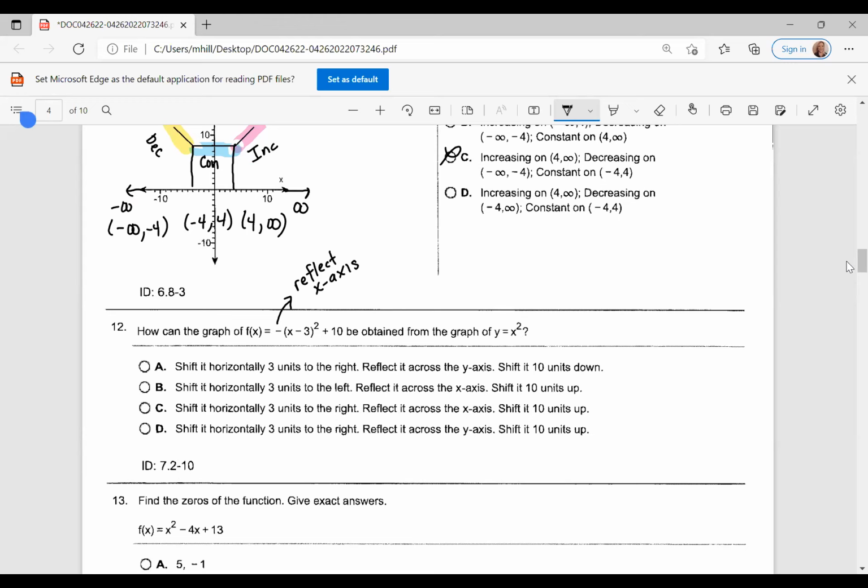Then you've got this -3 in here, and when it's inside the parentheses, it's opposite of what we think. So instead of shifting it to the left 3, we're going to go right 3. And then the plus 10 is exactly what we think, so we're going to go up 10. And that's going to be C on this answer.